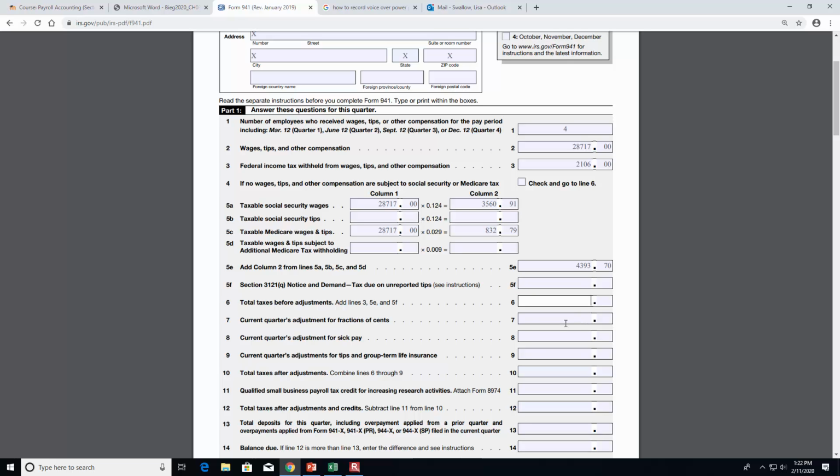And then pencil in here what you could tell somebody, in the English language, what line 6 represents.